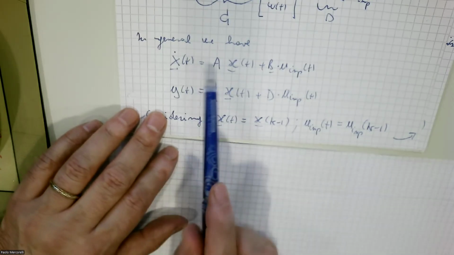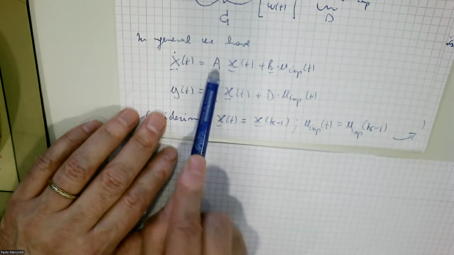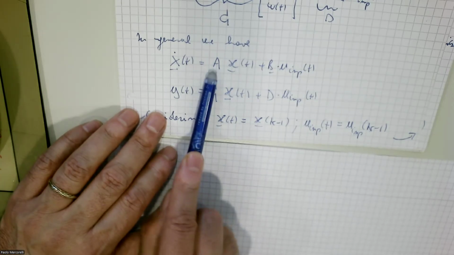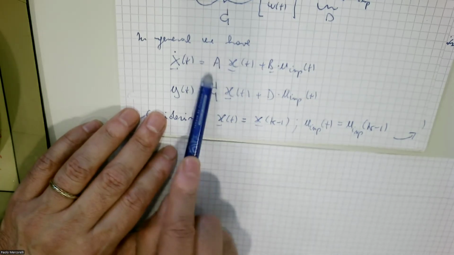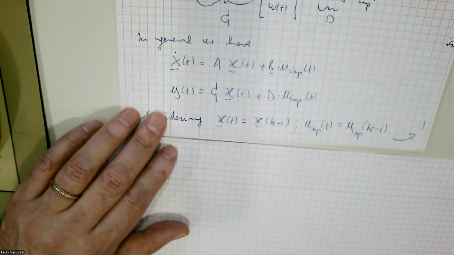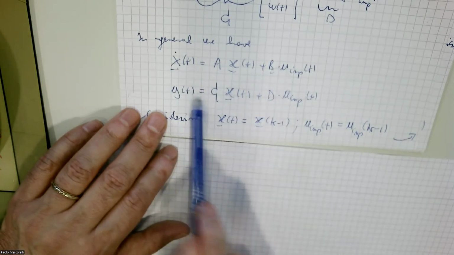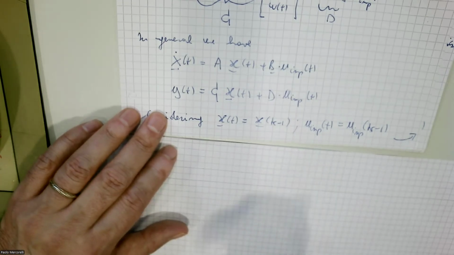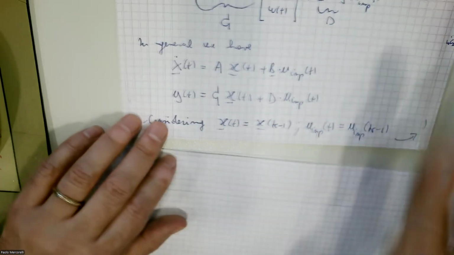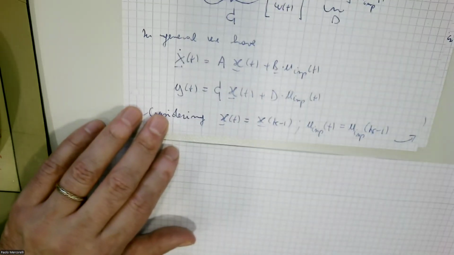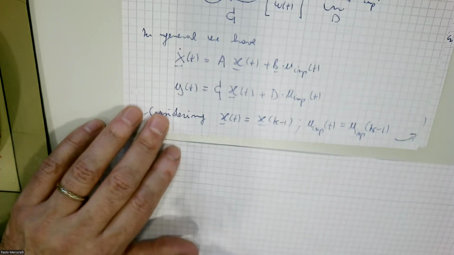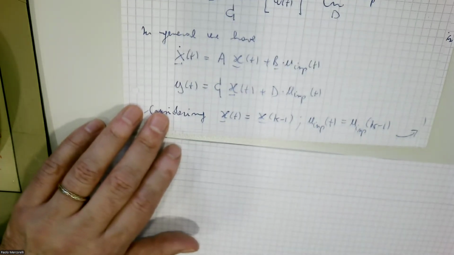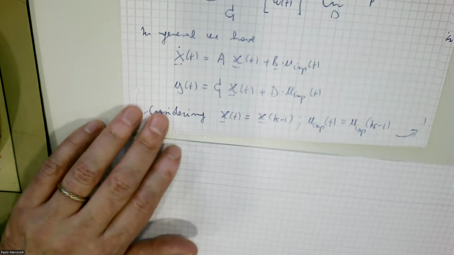It could be that, as I told you last time, if we have some elements depending just on the time, we have a time variant system. But of course, if A depends on X, we have no linear system. If A, B, C, D depend not on X and U, but on the time, we have nevertheless a linear but time variant system. A time variant system basically reflects nevertheless the linearity because they are linear, and we can do similar considerations as for a linear system.